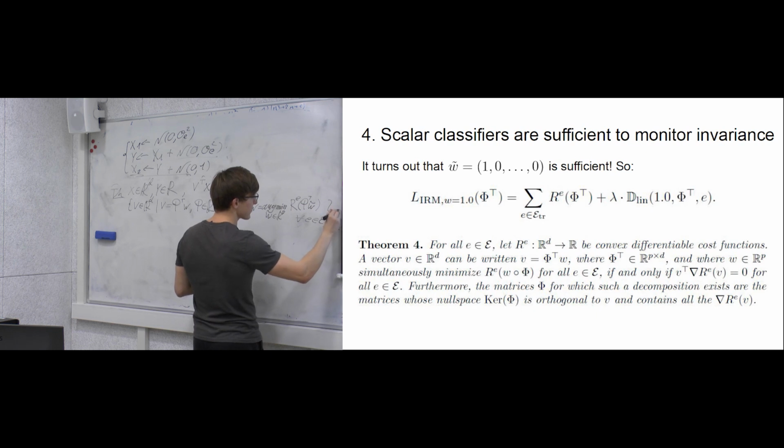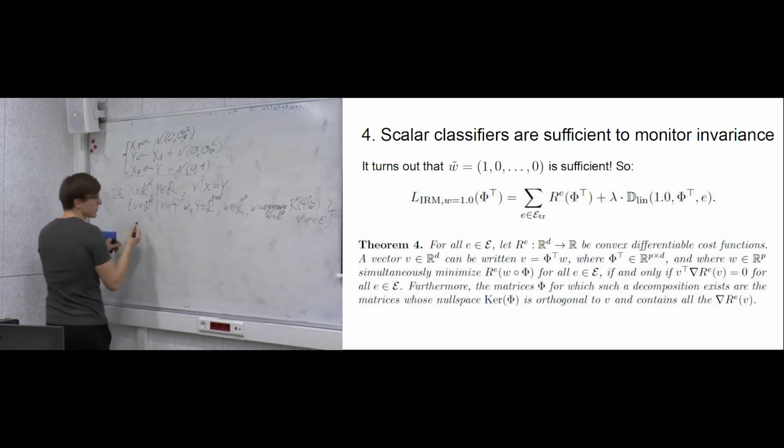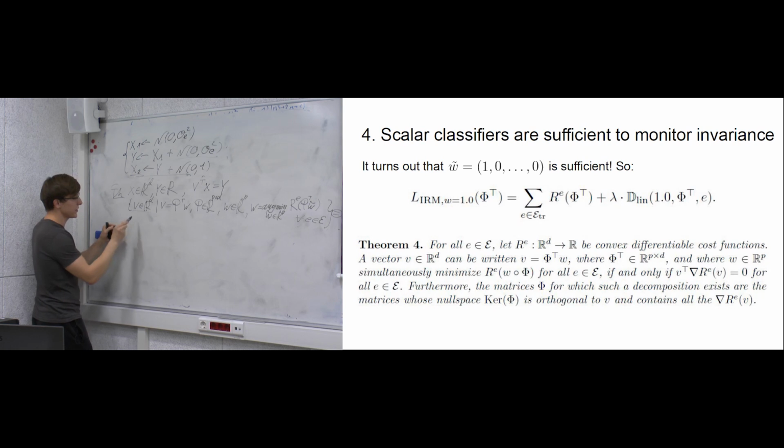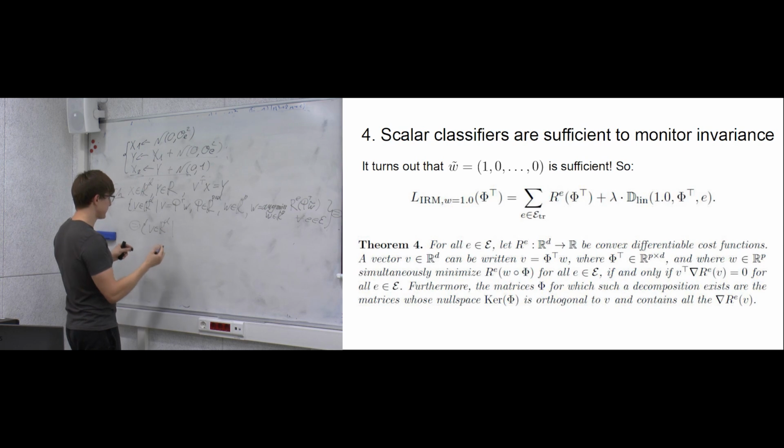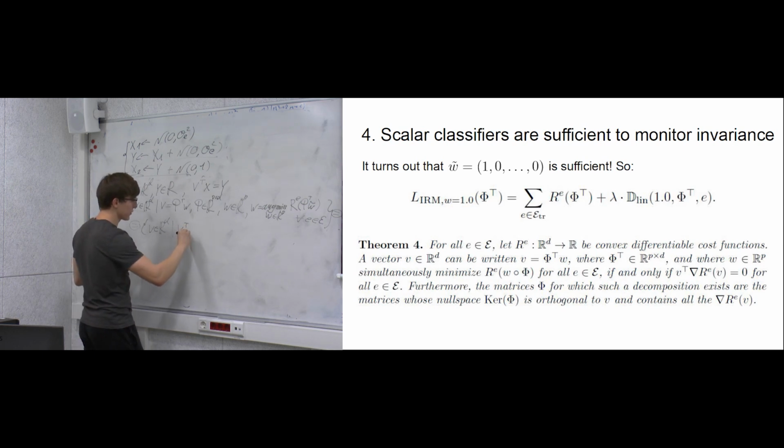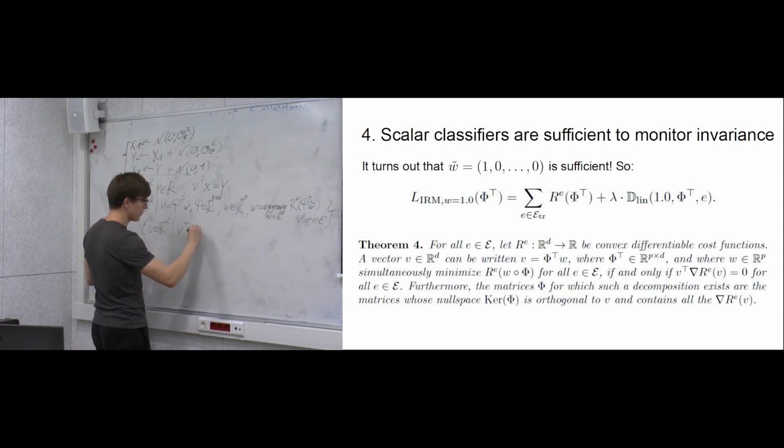And this set of invariant linear predictors is actually the set of such vectors from R^d that are orthogonal to the gradients of risks.